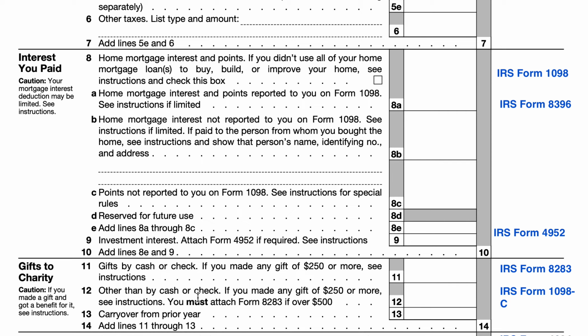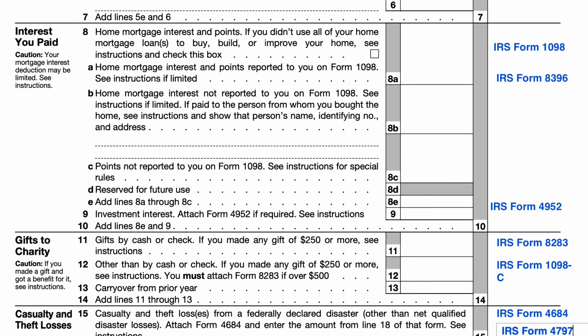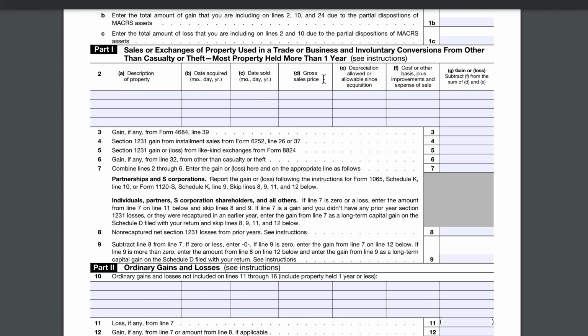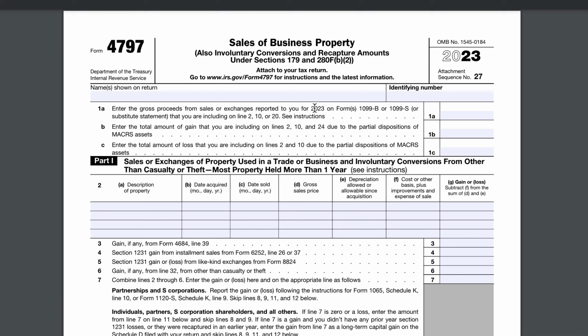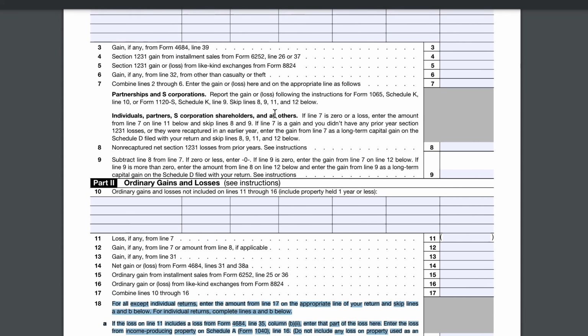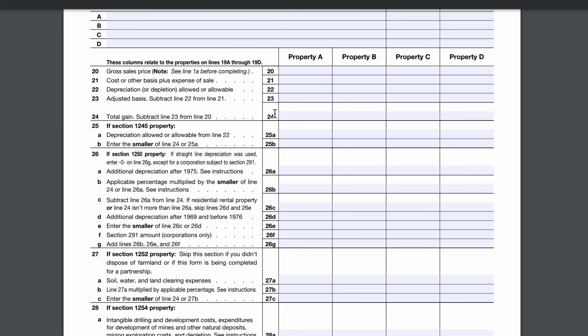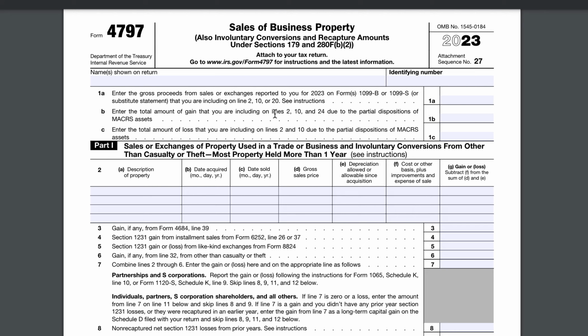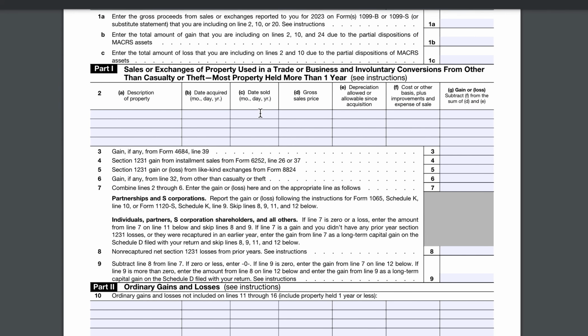Your casualty or theft may be reported on that. If you're reporting a loss or a gain on certain property, you might also be completing IRS Form 4797, which is the sales of business property form, but it also involves involuntary conversions, and there are also different dispositions for these items.